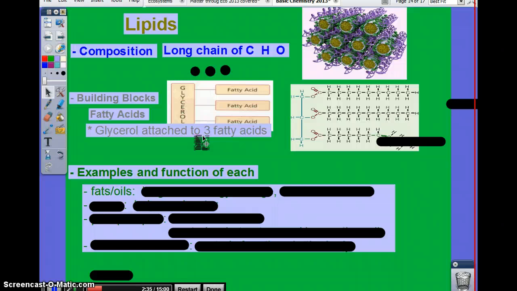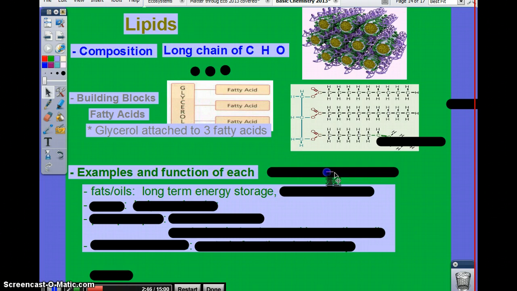Well, like what do they do? Fats, like, make you gain weight. Yes, they store energy. They are stores of energy, and they last a long time. Because they get stored, your body uses them for energy.